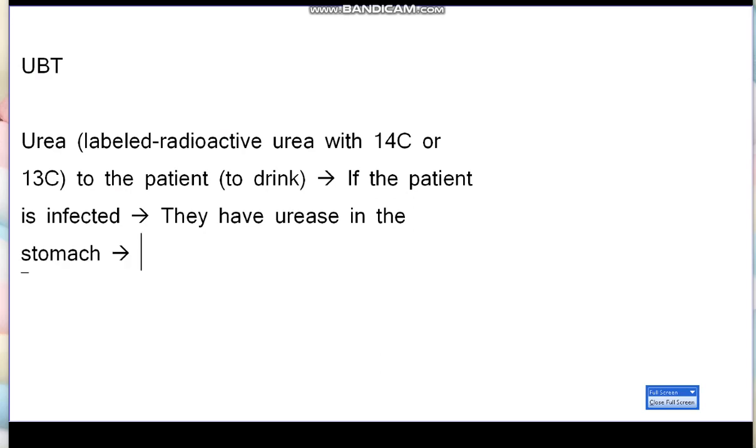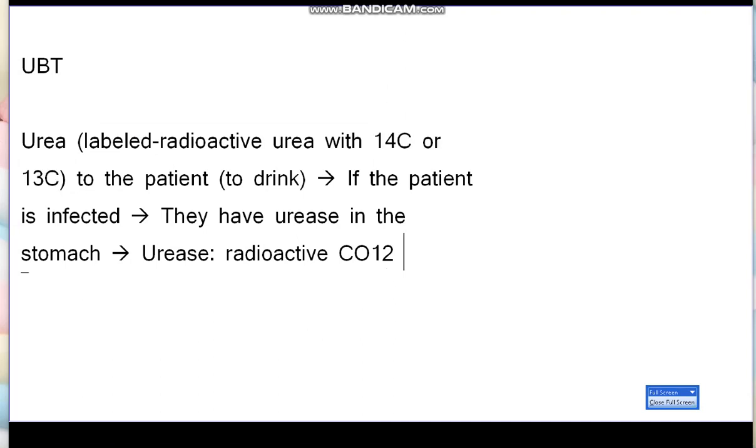So if the patient is infected, the urease enzyme is going to release carbon dioxide. Remember the chemical reaction. But this carbon dioxide is radioactive because this carbon is radioactive.